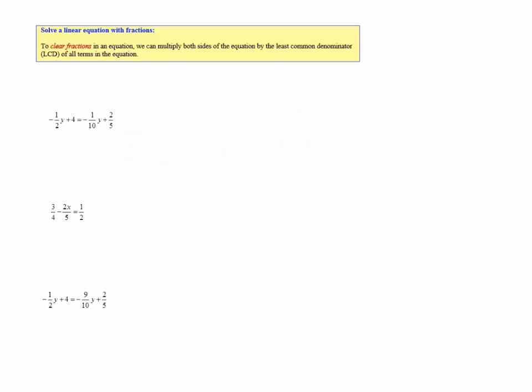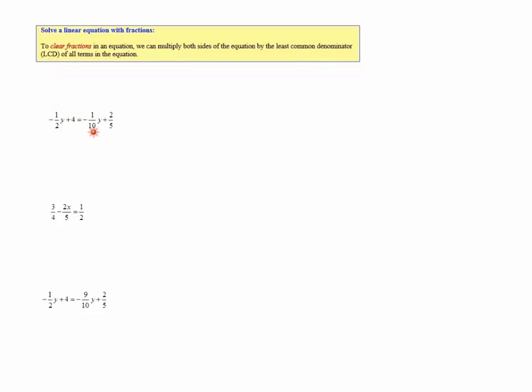Solve an equation with fractions. As you see, all these examples here, these 3 equations we have, we can find fractions in them. You have -1/2, 1/10, 2/5. To clear fractions in an equation, we can multiply each term or both sides of the equation by the LCD, the least common denominator.